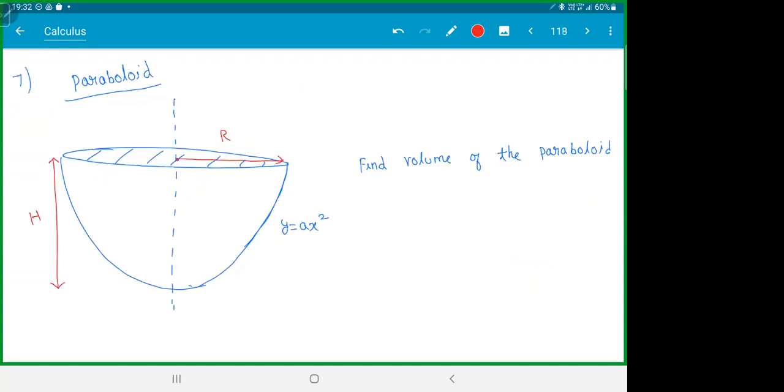So the main idea here is how will you take the elements? Can you just tell me how to choose elements?